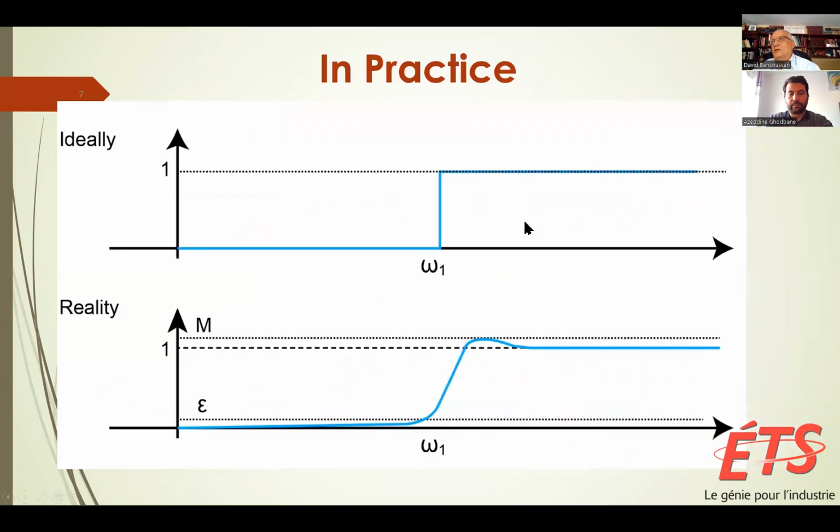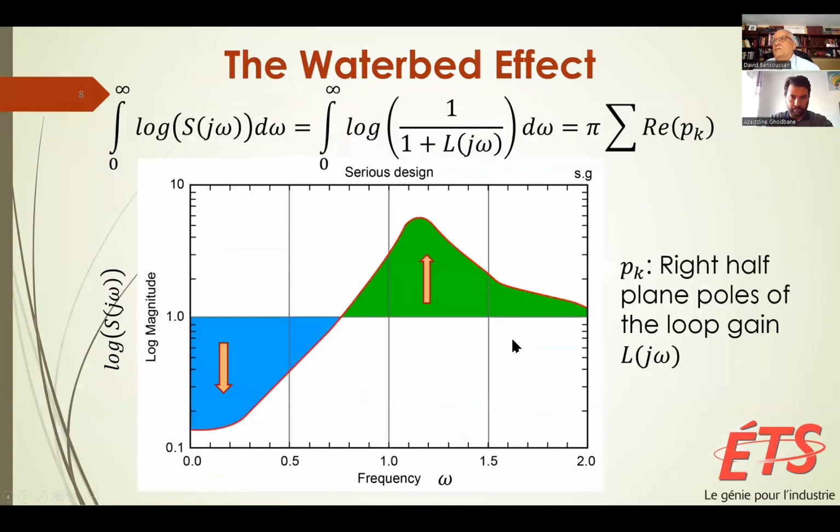So what we're going to do is the following. We're going to assume that S is as close to 0 as possible at low frequency, that means T equals 1, and S going to 1 at high frequency, which means that T equals 0. But at the same time, we're going to limit this overshoot here, because this overshoot always exists. We'll show why.